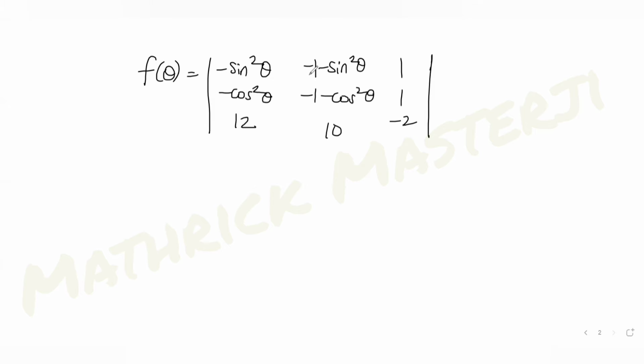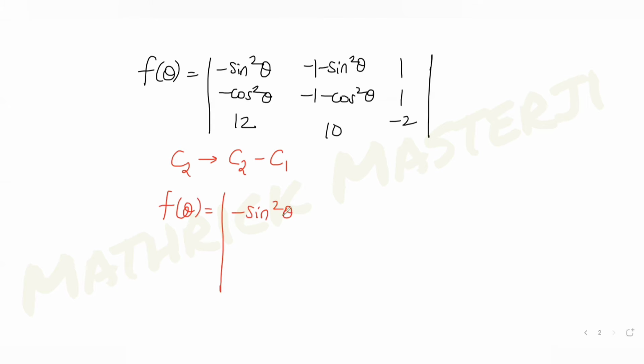What I can see here is that this column has −sin²θ, and this one also has −sin²θ. So if I subtract the two columns, I can eliminate the sin²θ from the second column. So I change my second column as C2 → C2 − C1.